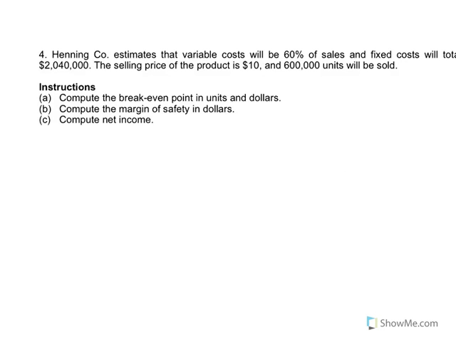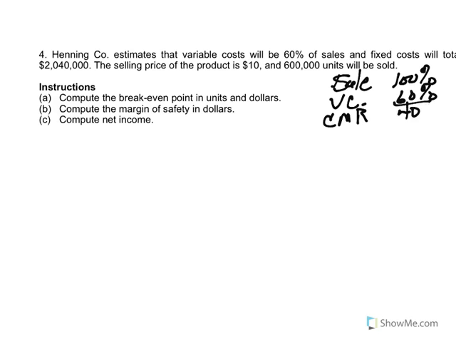Question 4. Henning Company estimates the variable cost will be 60% of sales and fixed costs will total $2,040,000. Selling price is $10 and there are 600,000 units sold. Compute the break-even point. Well, to begin with, if we put sales at 100%, variable cost is 60%, therefore the contribution margin ratio is 40%.